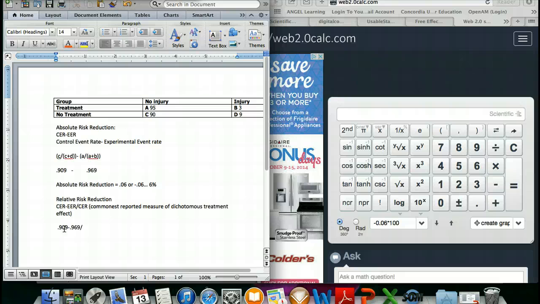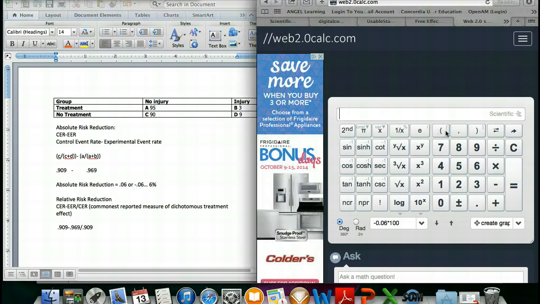Now we just need to divide it by 0.909. Let's do it over, that's my fault.